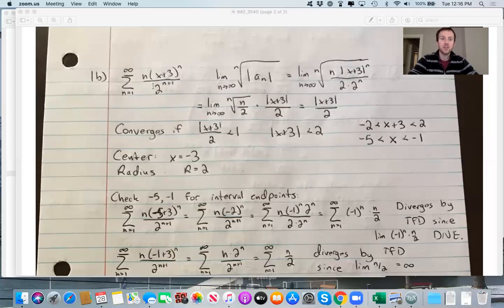But the fact that we can use is the nth root of any polynomial goes to 1 as n goes to infinity. This nth root of a polynomial is going to go to 1, which says why, when we take this limit, that part's gone. We just have the absolute value of x plus 3 over 2.